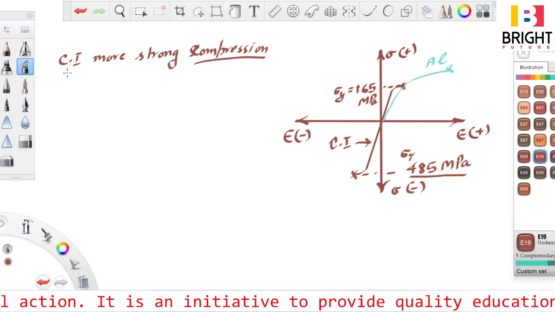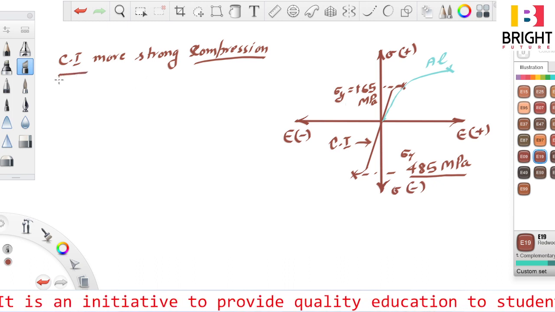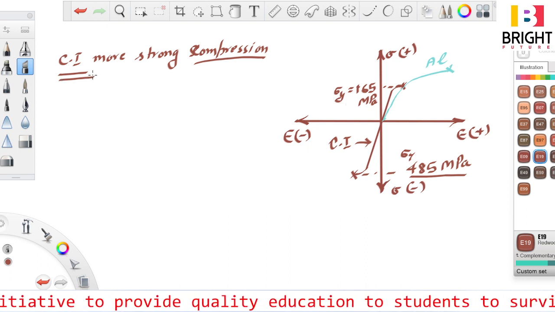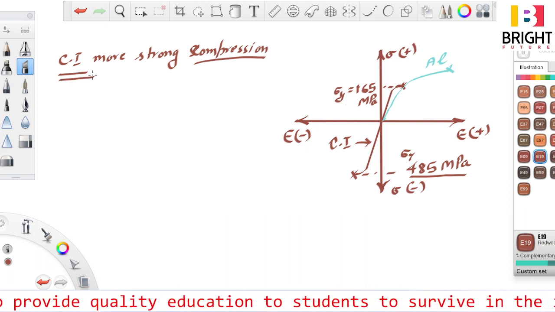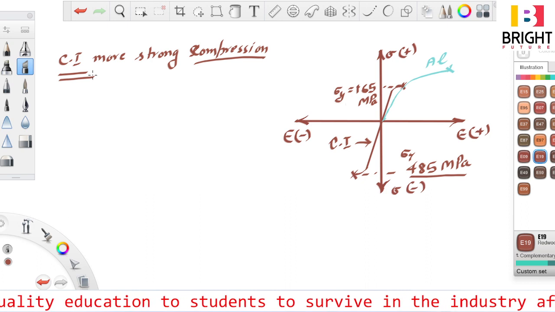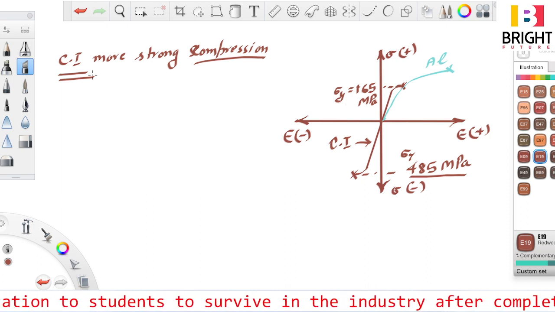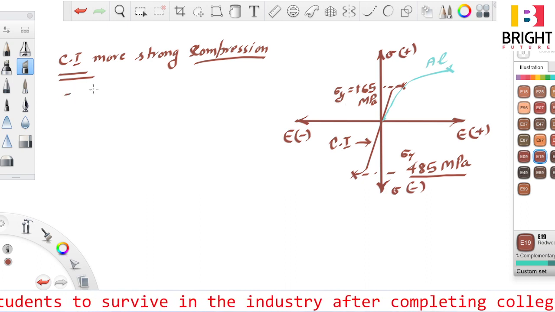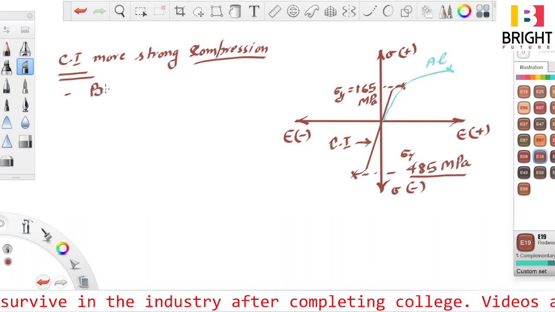Cast iron is one which can be casted. So cast iron is used where more compression forces are required, like beds of machine tools.